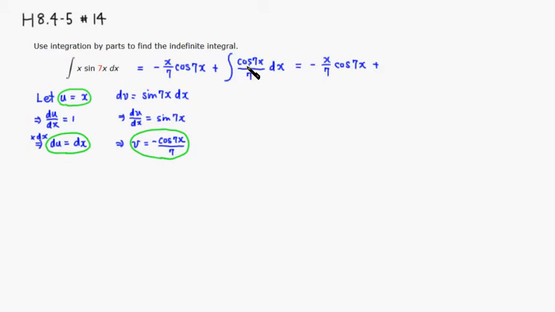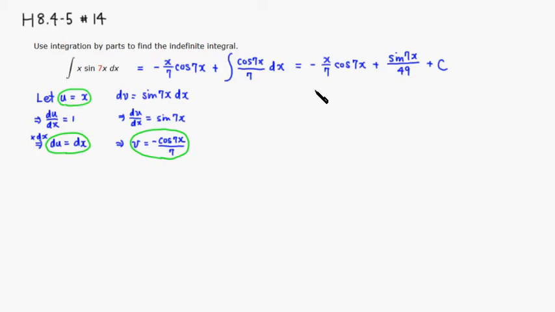The antiderivative of cosine of 7x is going to be sine of 7x over 7, but there's another 7 which was already there, so 7 times 7 is 49. Then plus some constant c. So this is the answer.